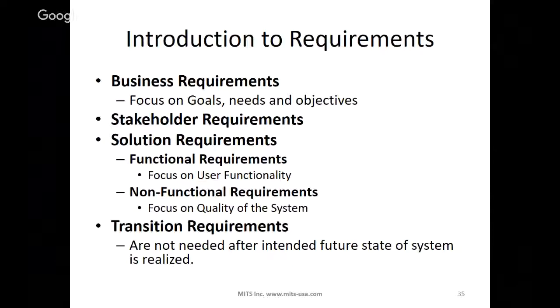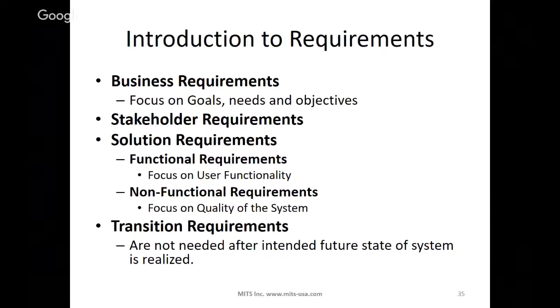All right, so the idea of working through this is business requirements first. It's very high level, maybe very short, very simple. Stakeholder requirements is just what is their time frame? What is their objective? What is their high level need? So it still stays rather high level.